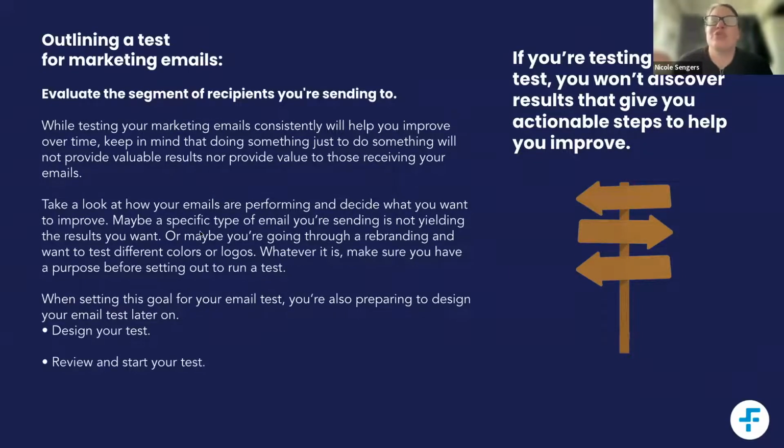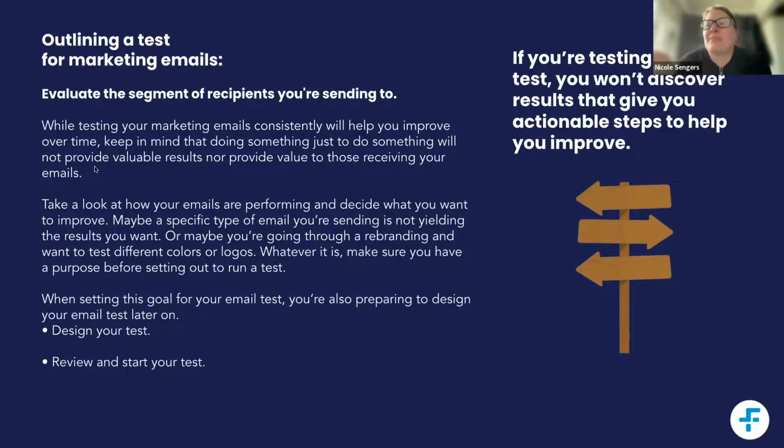Then you're going to, just like with smart content, evaluate the group of recipients that you're sending to. So who are you sending it to? So you've designed your test. Now, who are your test subjects, basically? Who are you going to test this out on? While testing marketing emails consistently will help you improve over time, doing something just to do it is not going to give you valuable results.